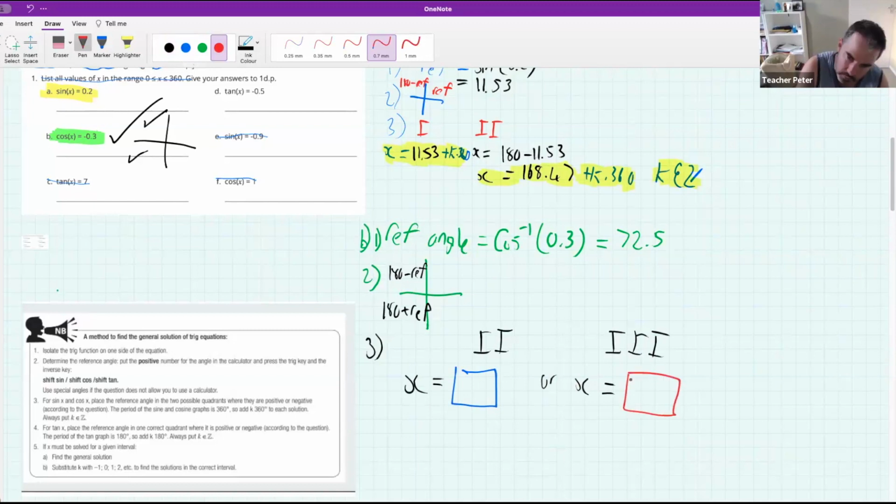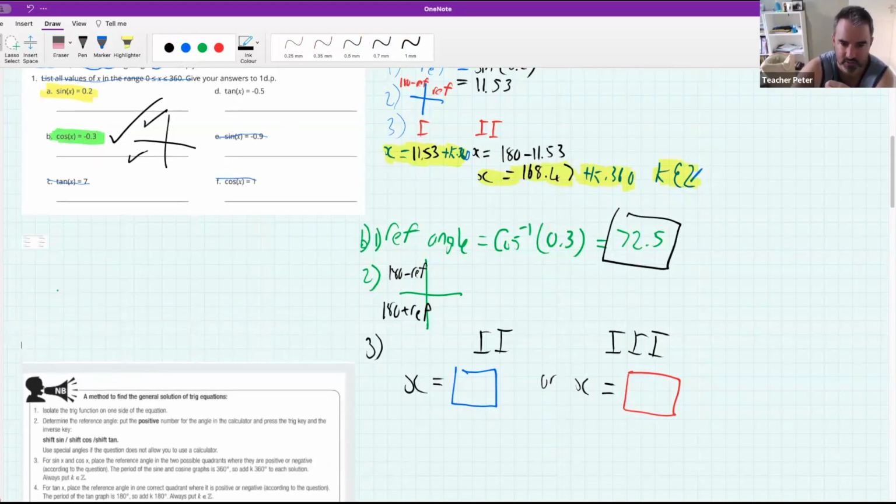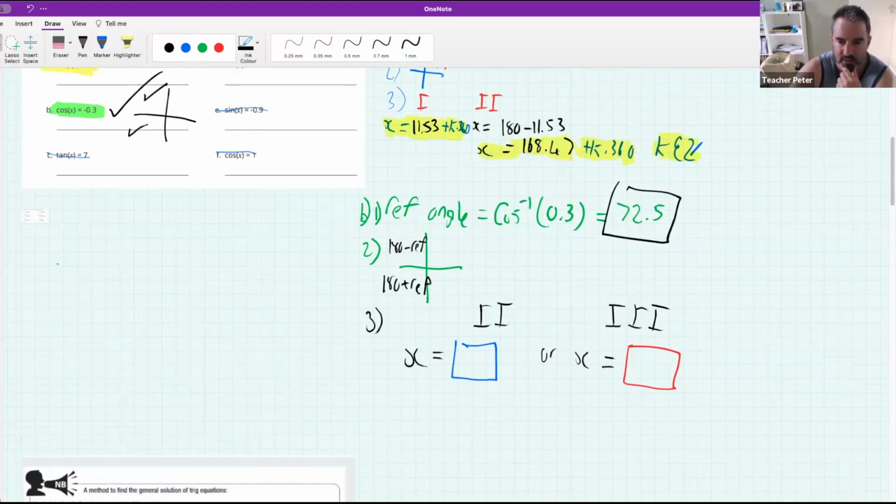So what's in the blue box? What is in the red box? Remember that the reference angle was 72.5. And let's get rid of this little thing on the left-hand side. It's just taking up space and it's not adding any value.